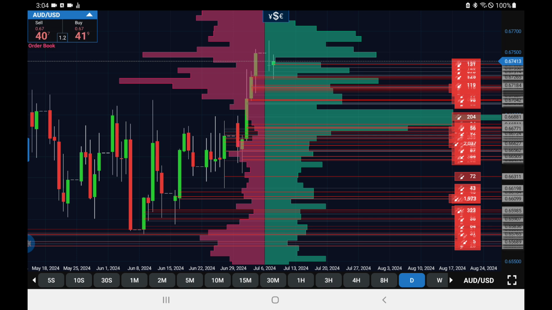So between Australian dollar and Euro USD, I believe both markets are poised to start trending downwards, at least for a few days. I don't think that this entire week is going to end up like last week, with a very generous bullish rally.